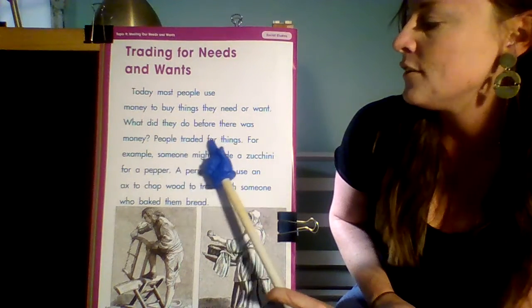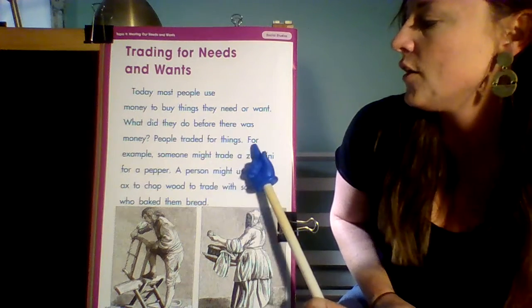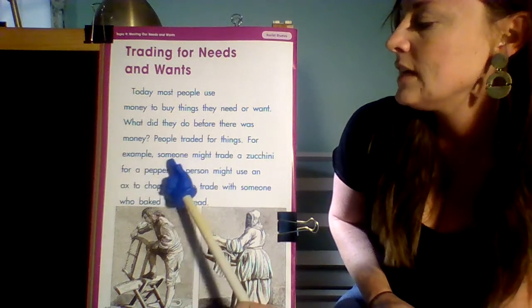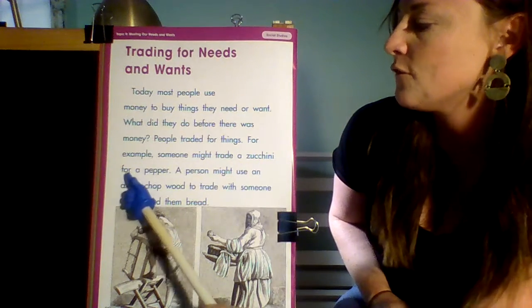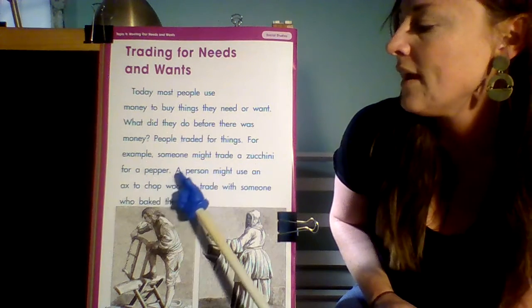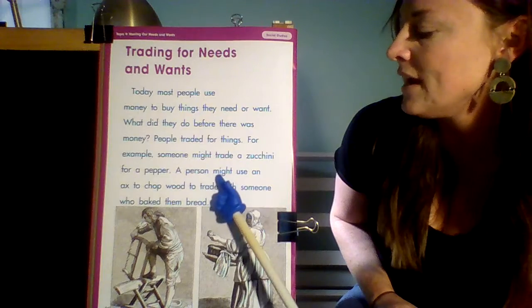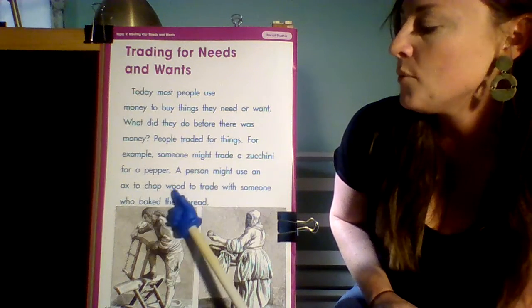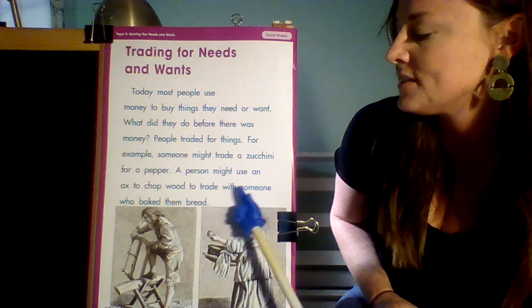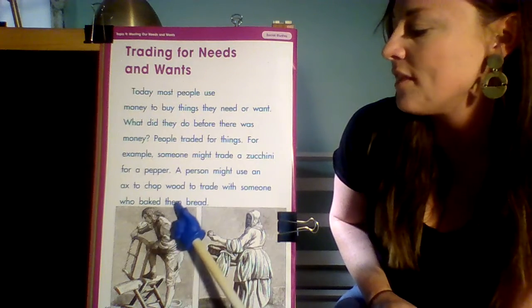People traded for things. For example, someone might trade a zucchini for a pepper. A person might use an axe to chop wood to trade with someone who baked them bread.